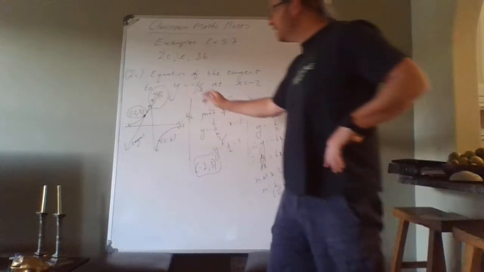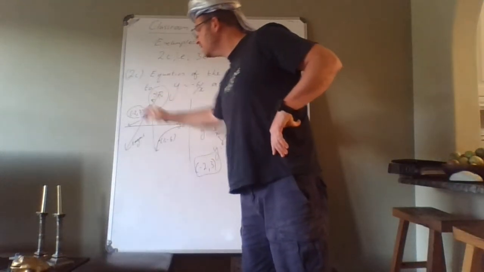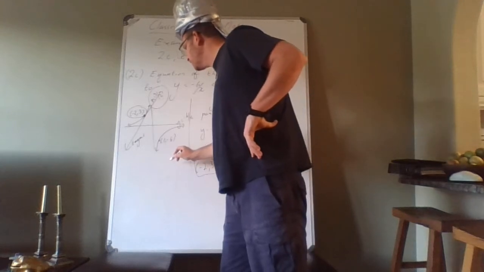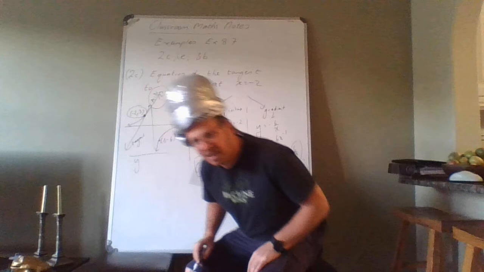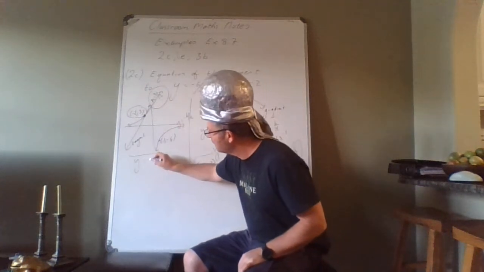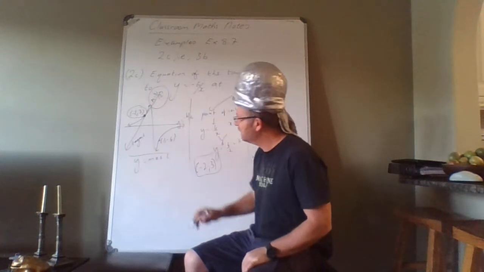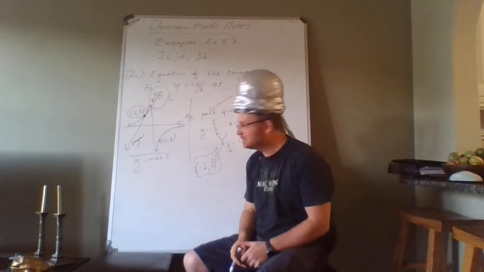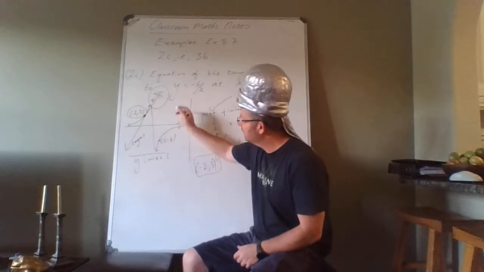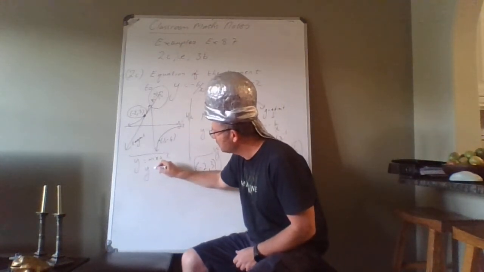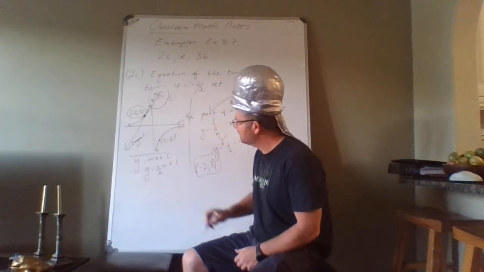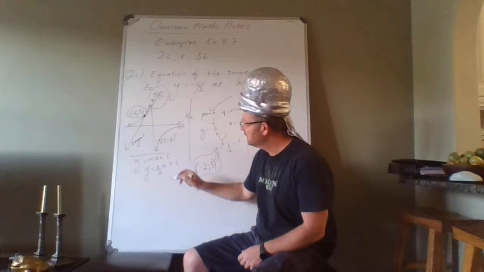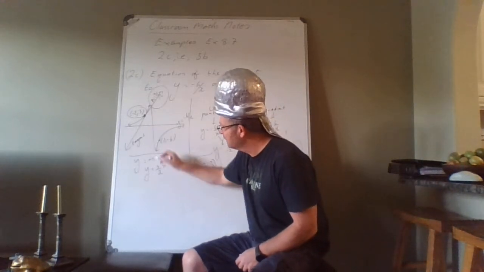So I want you to now combine those two facts, that your gradient is 3/2, and we know that it goes through the point -2, 3, and you're going to use y is equal to mx plus c in order to find the equation, or you can use y minus y1 is equal to m(x minus x1). So the gradient is 3/2, so I've got y is equal to 3/2 x plus c. I've got to sub in a point. I sub in -2, 3.